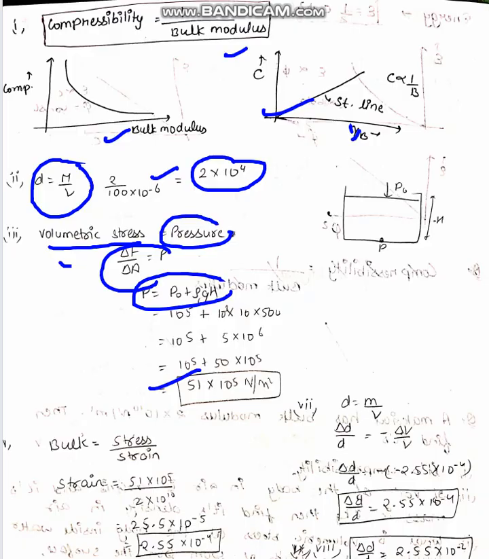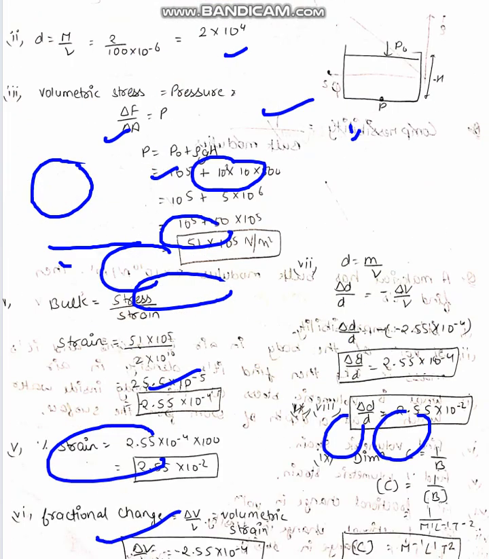Then we have strain. The bulk modulus is equal to this. Using the concept, we have strain as this. Then we have density as mass by volume, so delta D by D is minus of delta V by V. From here we can calculate that delta D by D will be delta V by V, which is equal to the volumetric strain as given by this expression.